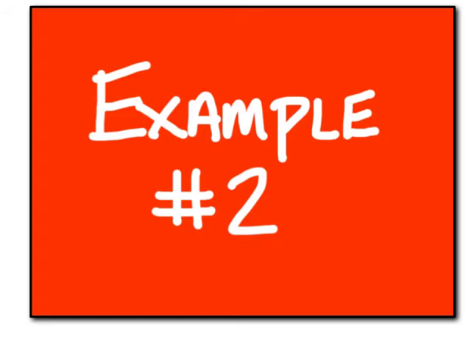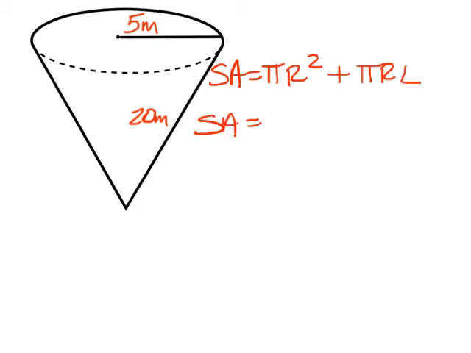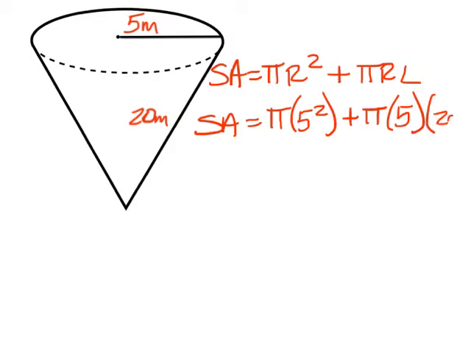Example number 2. 5 meters for the radius and 20 meters for the slant height. The surface area of a cone is pi r squared plus pi rl. And if you plug in the radius, that gives you 5 squared there, and then the radius by itself, and the slant height. Go through and simplify.